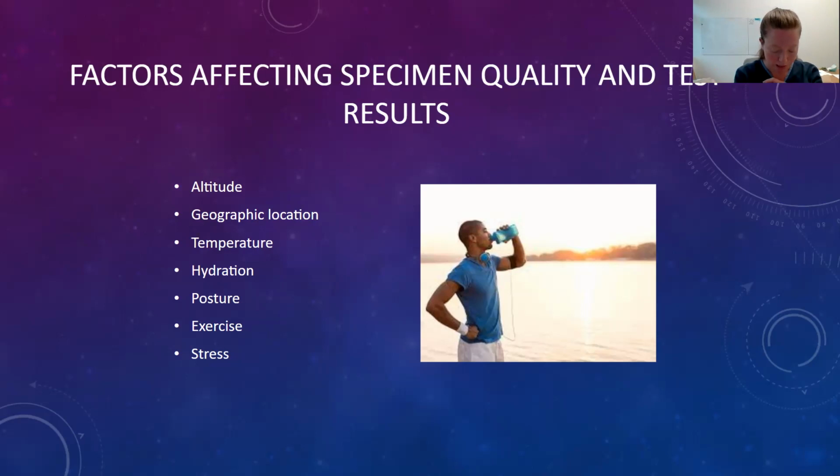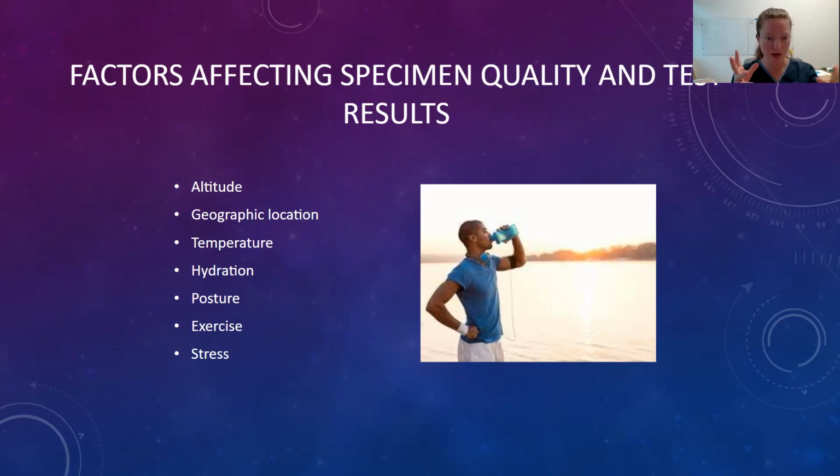And what's in our blood. Temperature. Changes in temperature can affect the distribution of electrolytes in our blood and change those results. Hydration, if we are dehydrated or if we are basically hemodiluted, we have too much water, that can change the composition of the blood as well and the concentration of different analytes in our blood.